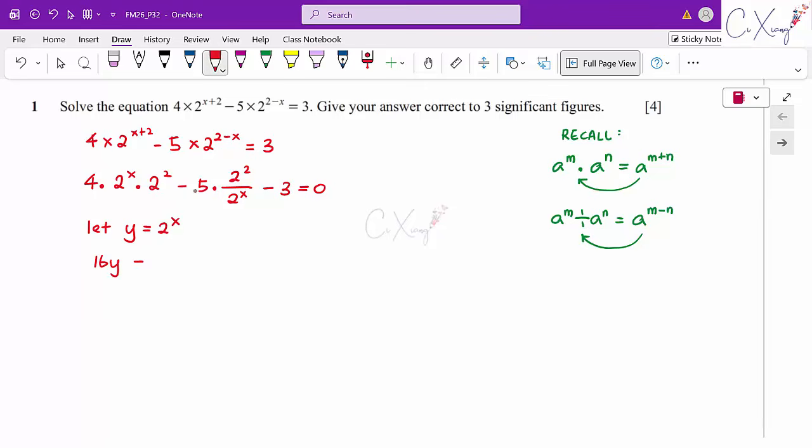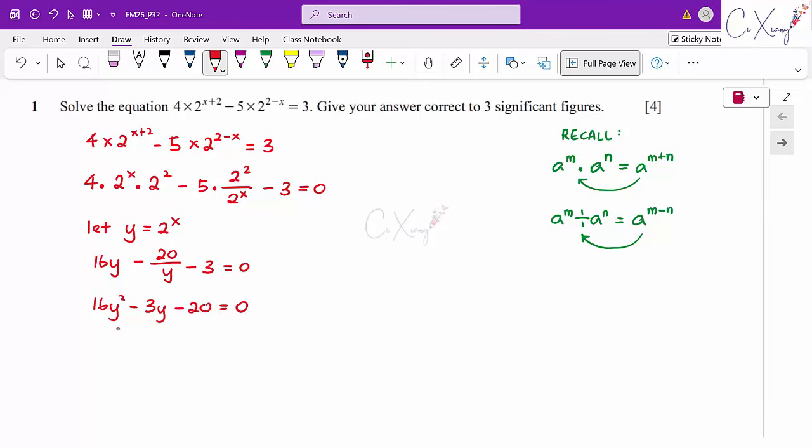Minus 5 multiplied with the 4 on top, so you're having 20 over y. Then minus 3 equals to 0. To get rid of the y as a denominator, I multiply the whole equation by y. So I'm having 16y squared minus 3y minus 20 equals to 0 eventually.